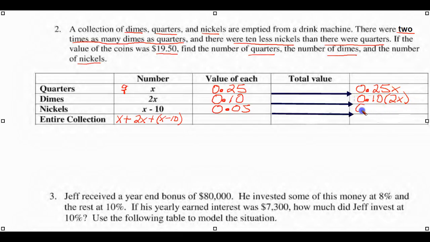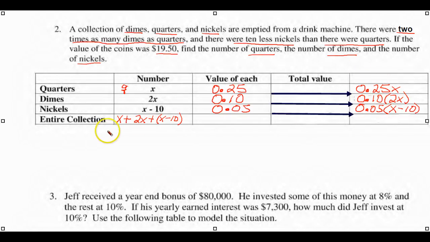And for nickels, 0.05 times your number of nickels, which is x minus 10. Now this must be in parentheses. Yes, I think so too. Now, what is the total value of all of this?